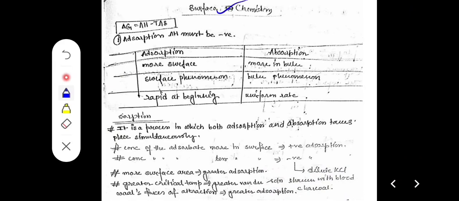You know the thermodynamic equation: del G, the free energy, equals del H, the enthalpy change, minus T del S, where T is temperature and del S is entropy change. As we know, when del H has a more positive value, del G will be more positive, and that is unfavorable, right?